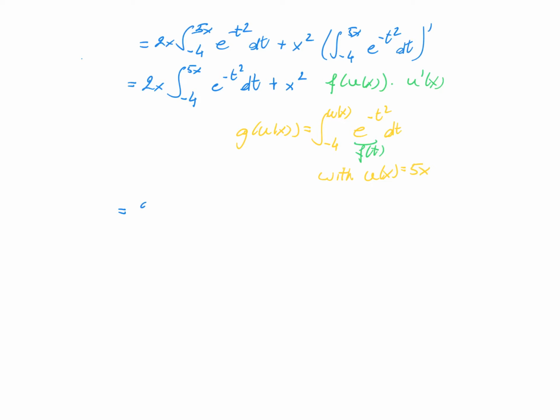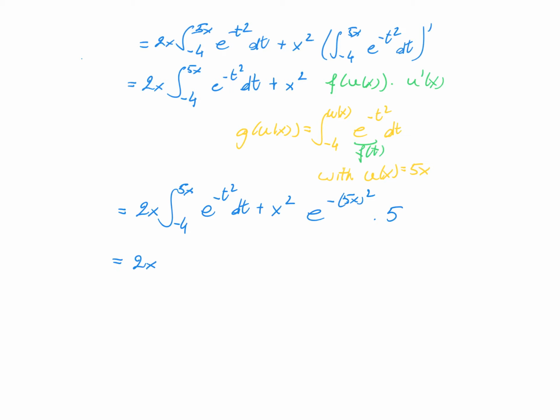So finally we get 2x times the same integral again, plus x squared times f of u of x, so this is e to the power minus u of x squared, where u of x is 5x, so minus 5x squared, and then we have to derive 5x with respect to x, so this is 5.